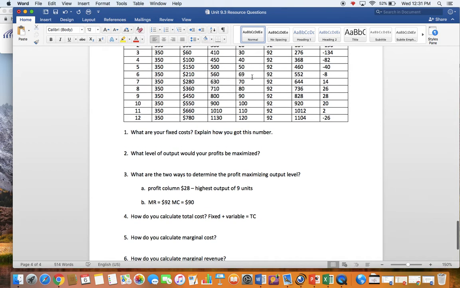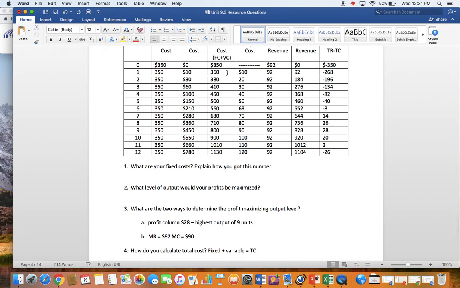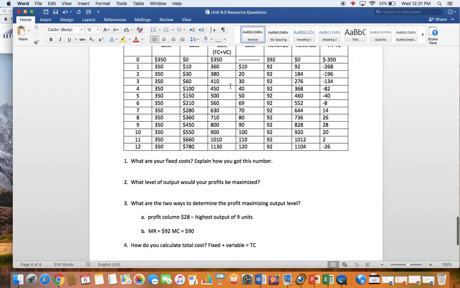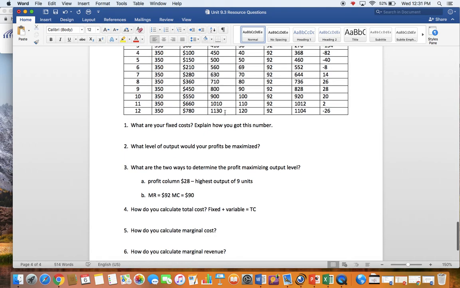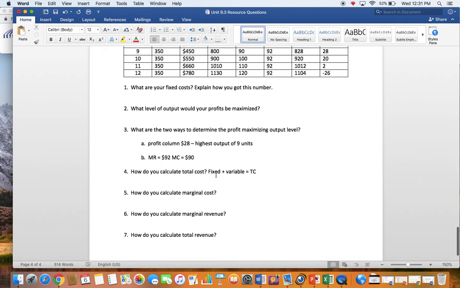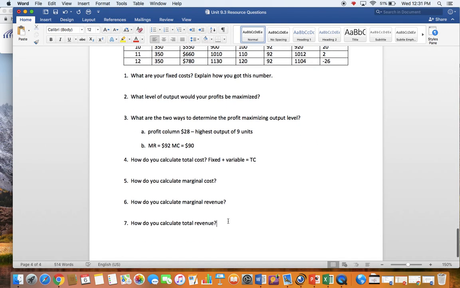You've been doing fine by looking at this one. How much more is this than that? Just look and see what the additional cost is, or the additional revenue, and that's both of those right there. So how do we calculate total revenue? It's price times quantity, or your marginal revenue times your output.